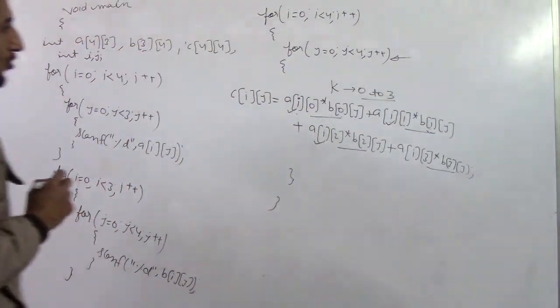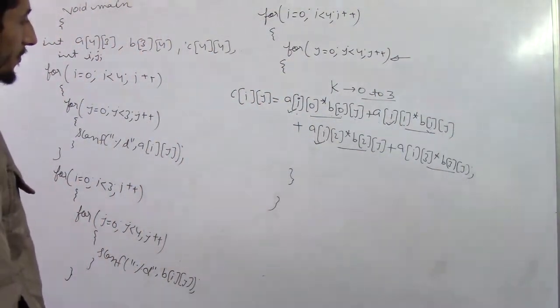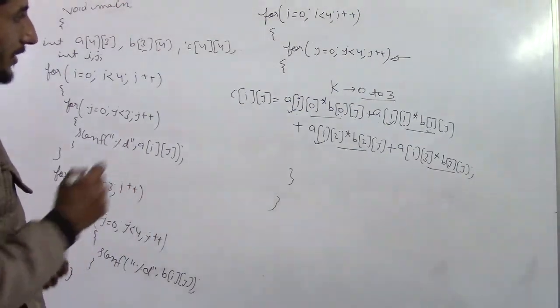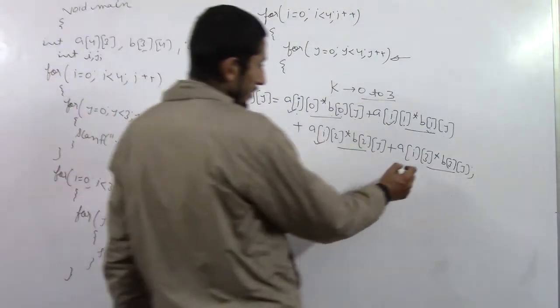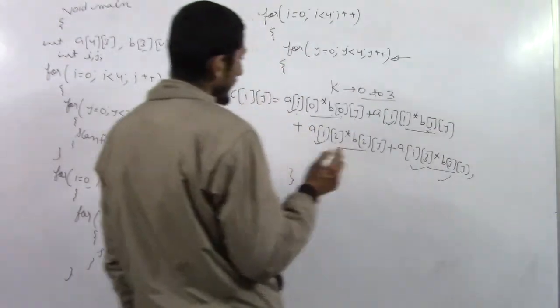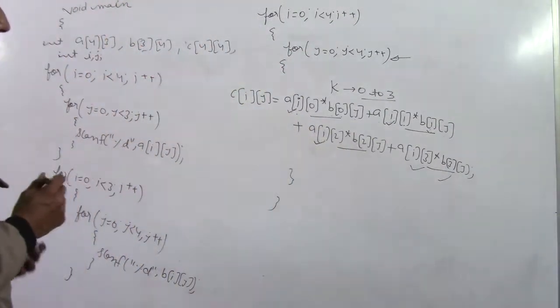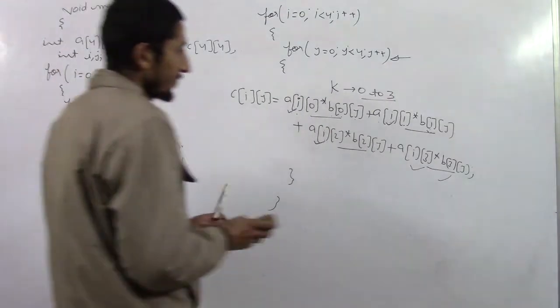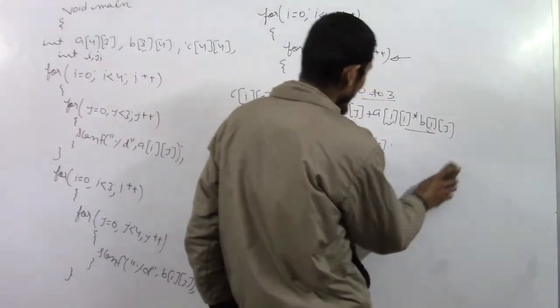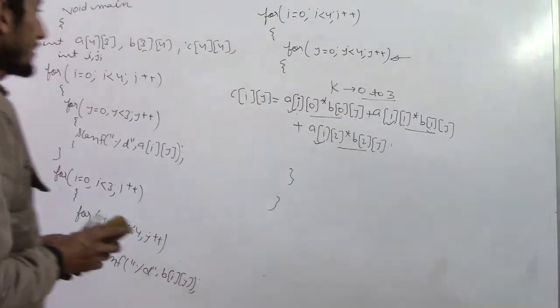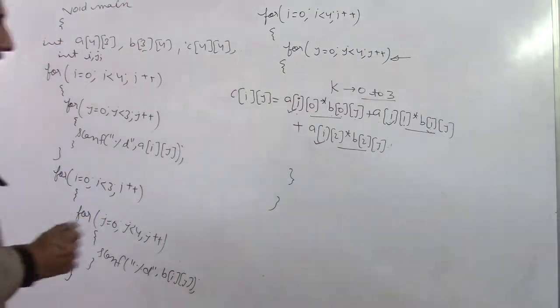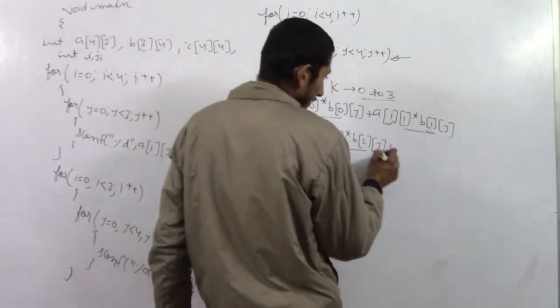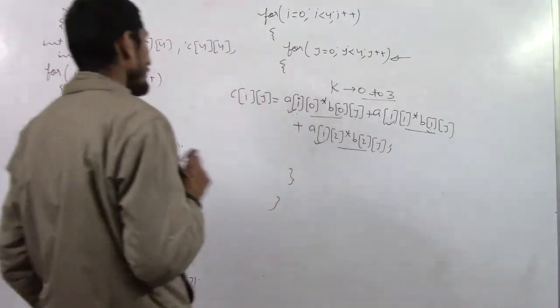I can apply a loop from 0 to 3. So I think I don't need to write this one, because in order to get an element, only 3 elements have to be multiplied. So I can remove this one.